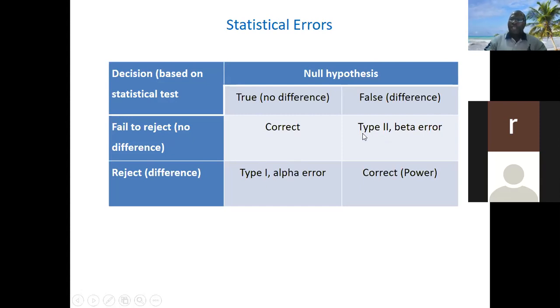This one says the null hypothesis is true, so this will be the false positive, and false negative. But I will not advise you to use the words false positive and false negative here. Just understand the way it is: type 1 error, correct decision, type 2 error. Leave the words false positive and false negative to diagnostic tests.